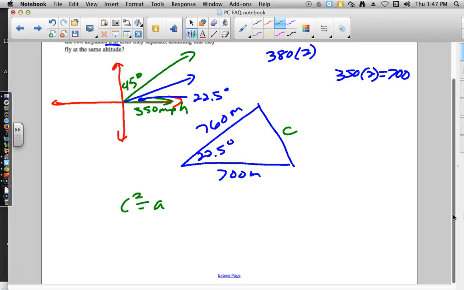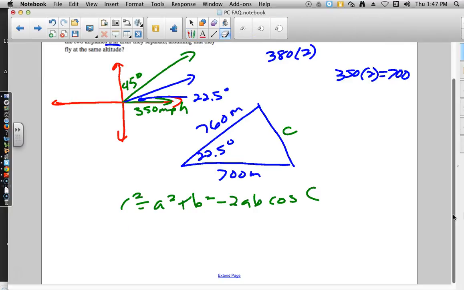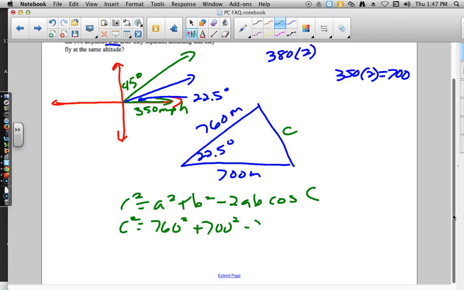So C squared equals A squared plus B squared minus 2AB cosine of C. So we will have C squared equals 760 squared plus 700 squared minus 2 times 700 times 760. It doesn't matter which order you put those in. Multiplication is commutative, but I guess I'll kind of stick with what I had up there. And then we need the cosine of 22.5 degrees.